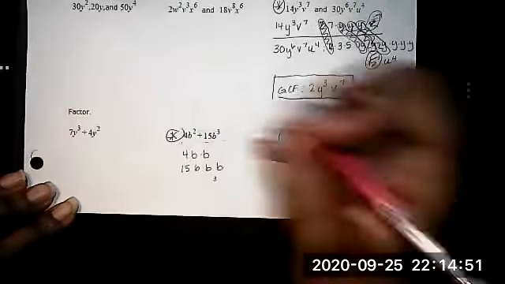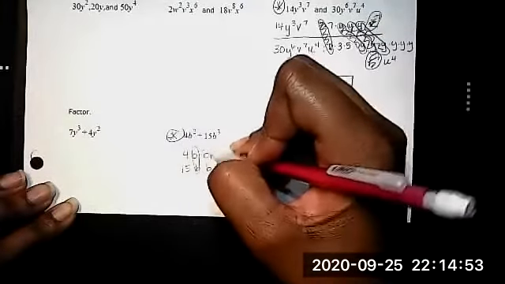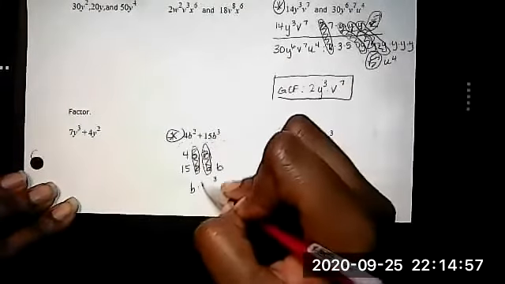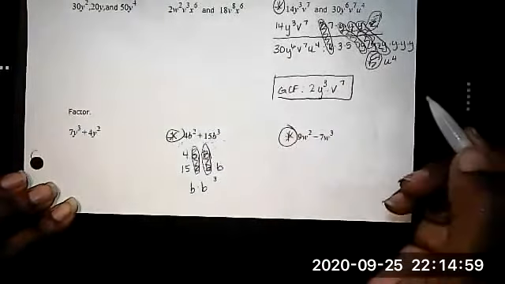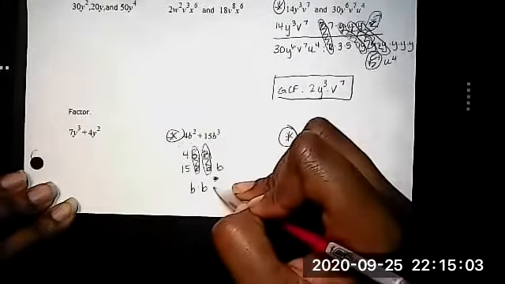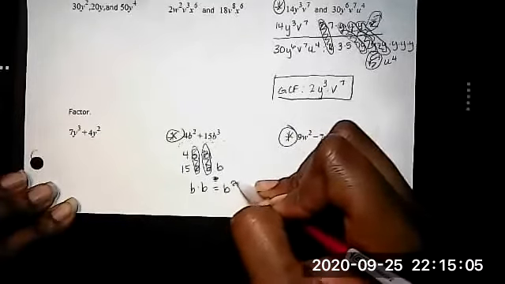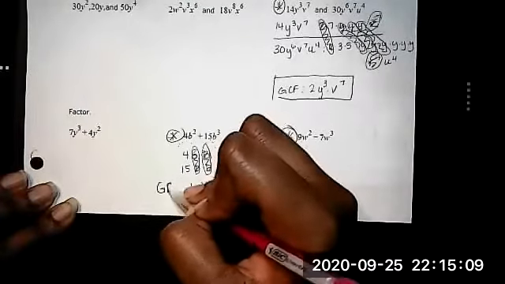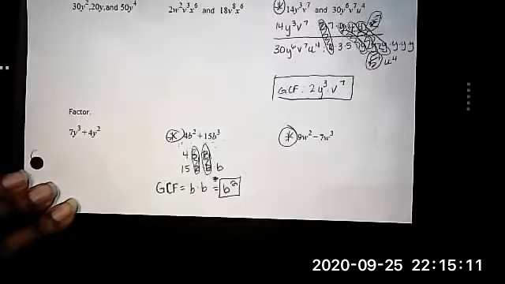What would be common? Looks like b squared. Okay, one b and then another b, but this one doesn't have a third b. They have to be in both. So b squared is what would be common, the greatest common factor there. Okay, so b times b.